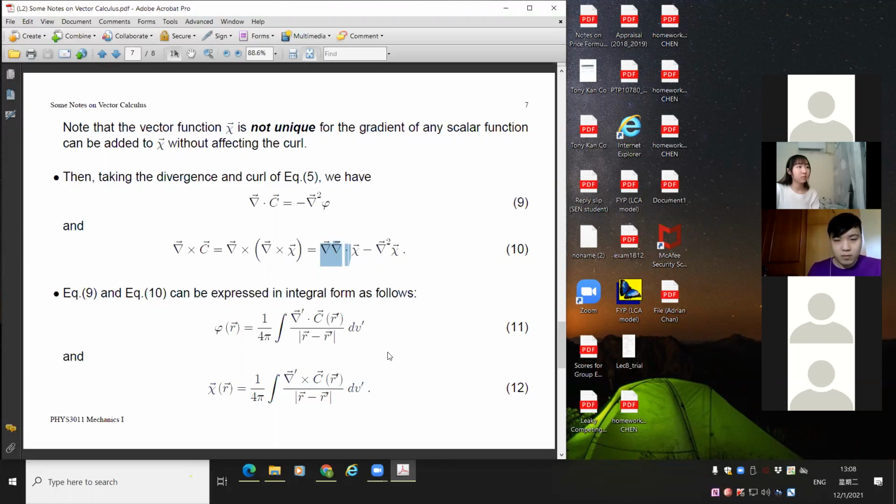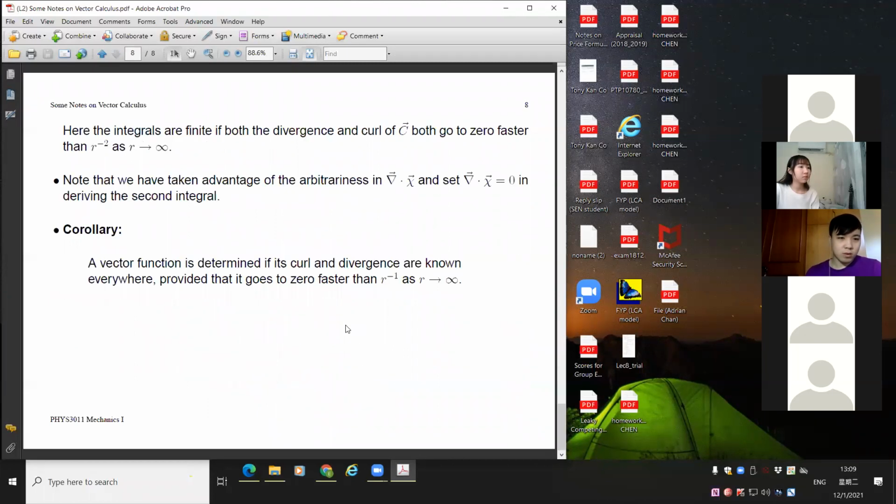For 1/r, you still have divergence. Yes, to ensure no divergence. Right? Ensure that the integrals are finite.